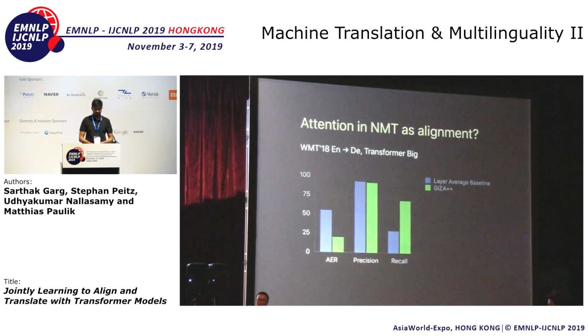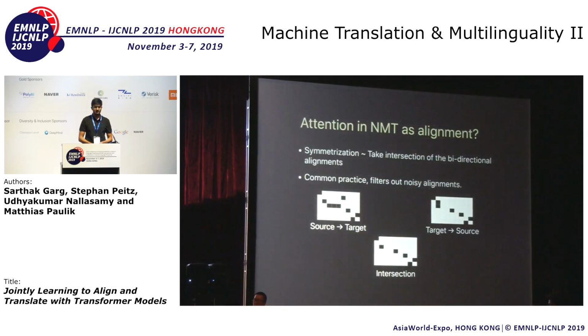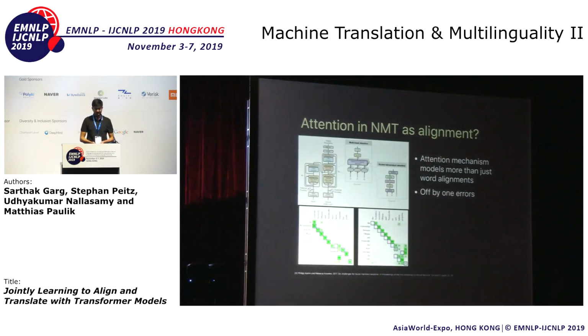That is something we found very important because the AER, precision and recall of the individual alignments is very noisy. But when we do the intersection, it just keeps the good alignments. You can see from this figure as well, if you compare the two charts, there are a lot of off-by-one errors on one side. So if you take the intersection of both of these, you'll end up with very few alignment links, but the ones you get will be quite accurate. And thus we used only those for training. Okay, thanks.